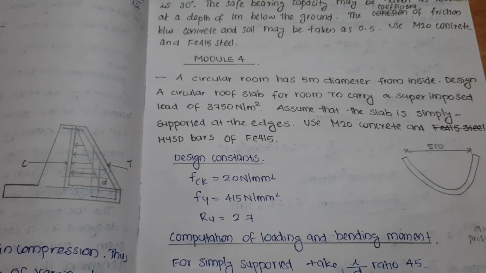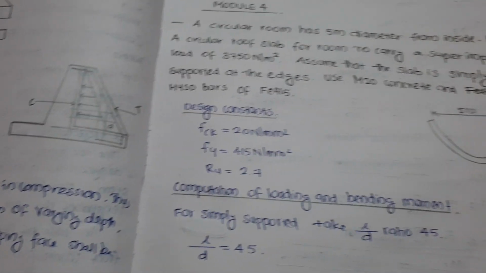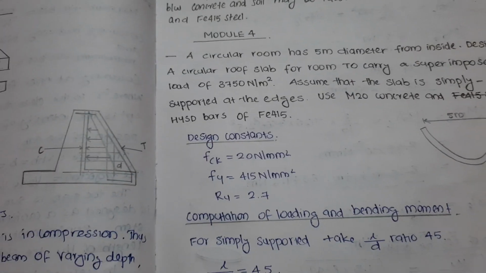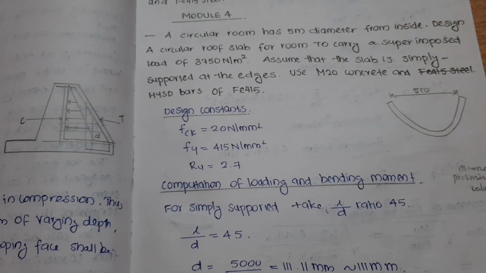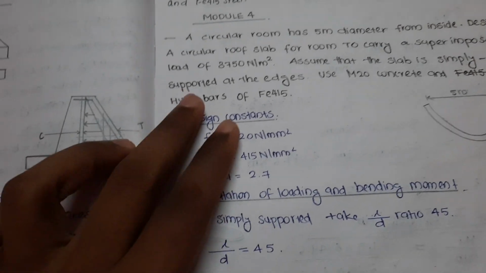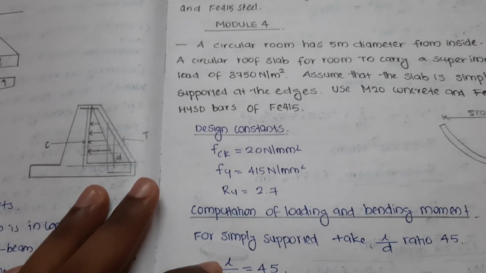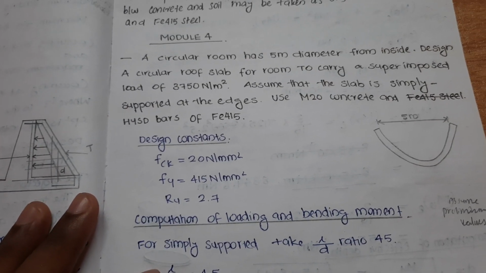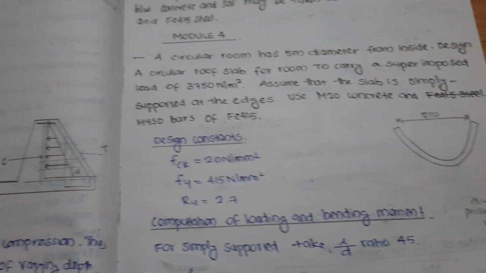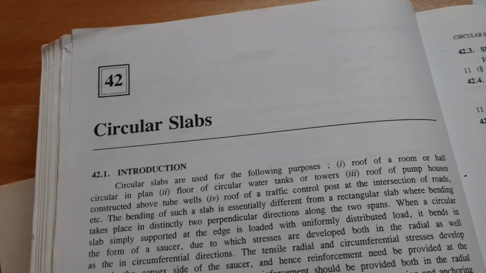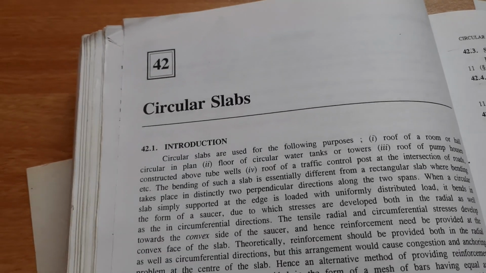So we are trying to solve a design example of a circular slab for a circular room. In order to design a circular slab, we are taking a problem, the same problem given in the textbook of BC Punmia, chapter 42, circular slabs.